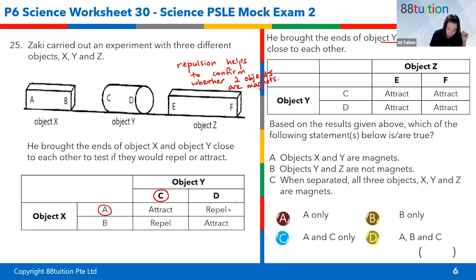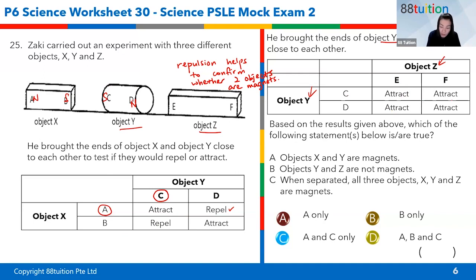But the moment you see repulsion, so A and D, if A is north, this must be north as well, right? So there's repulsion. Then you have B and C. B and C also repel. So if this is north, then this must be south, right? So let's now compare objects Y and Z. You have C, which is south, facing E, attract.